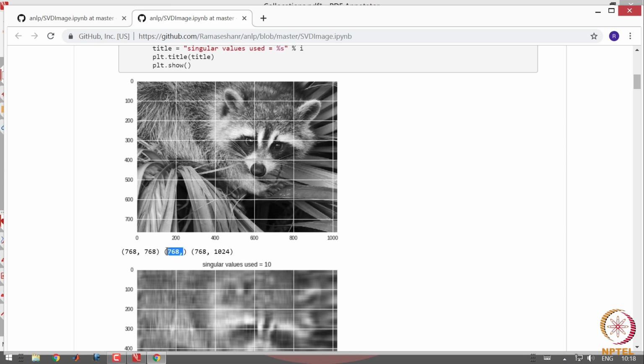If you look at it, it is 1024 into 768 axes you should have had, but instead we are able to cut short that number of dimensions to a very small number, and at the same time the patterns are also captured as part of that.